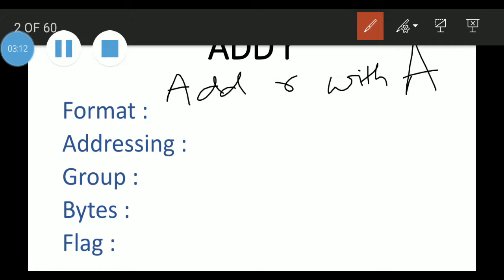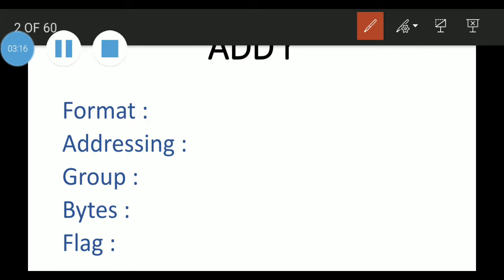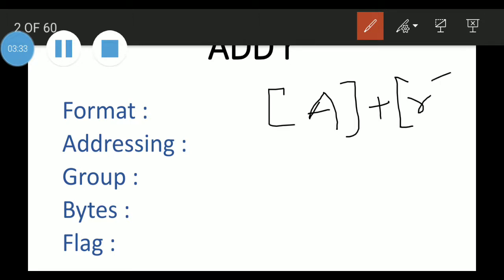The format of ADD R. Remember, the format means the basic role. So A, the accumulator, will be added with R and the result will go into the accumulator. In place of addressing we write addressing mode.